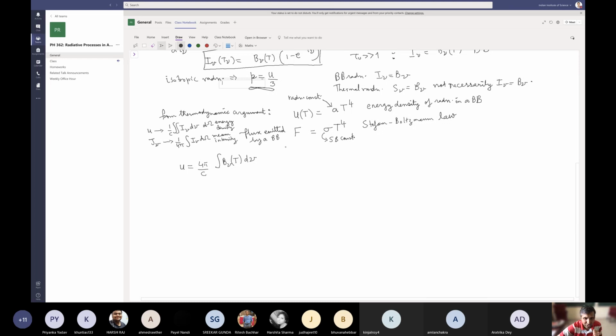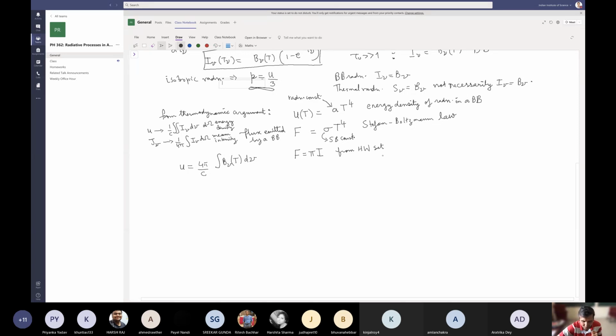So we can actually see, right? There was a homework problem where I wanted you to show that the flux emitted by an isotropic emitter equals pi times I. This is from homework. I don't remember the homework set number.